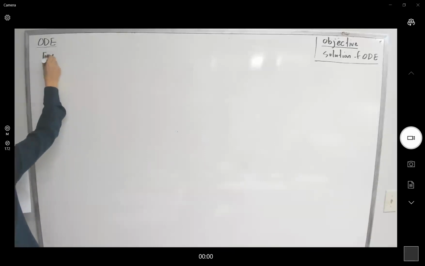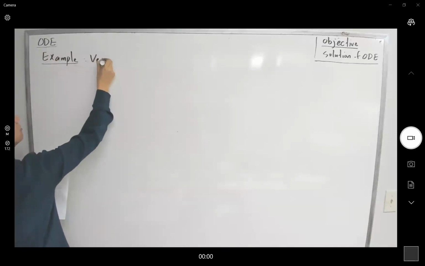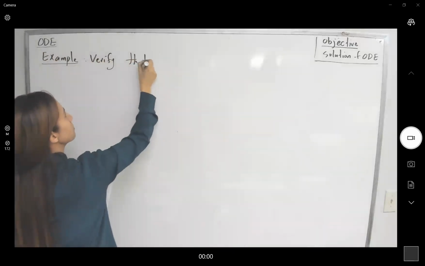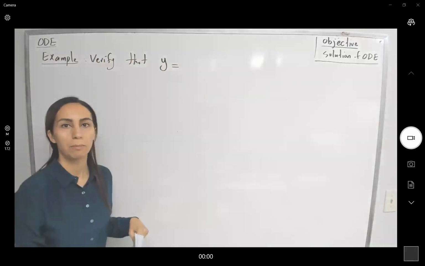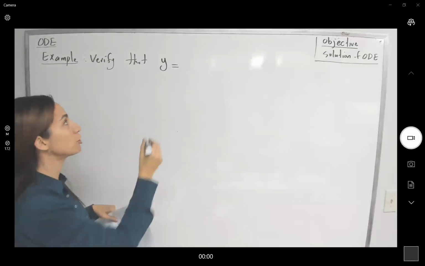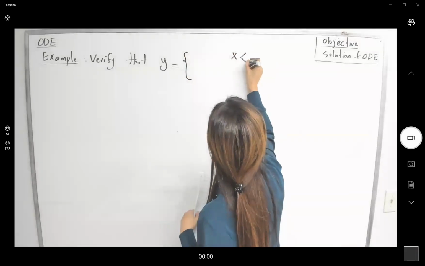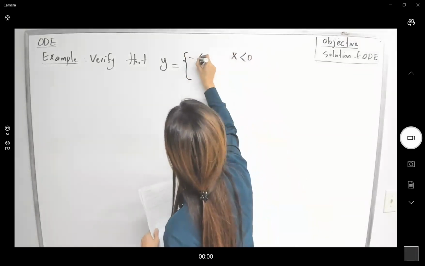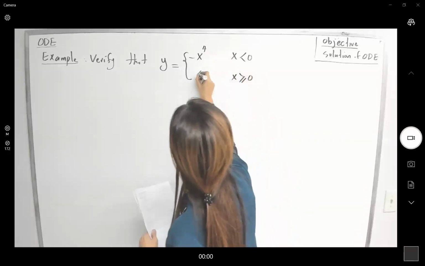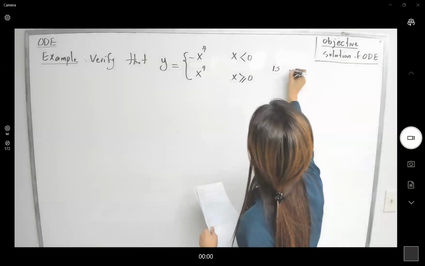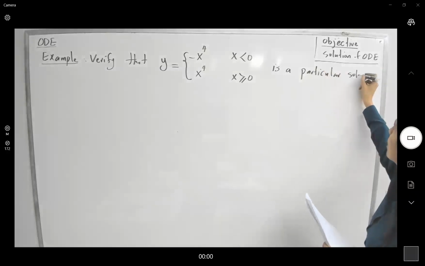Example. Verify that y equals, so here we are defining a piecewise defined function, negative x to the fourth if x is negative, and x to the fourth if x is larger than or equal to 0, is a particular solution.